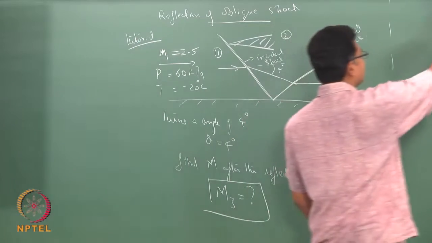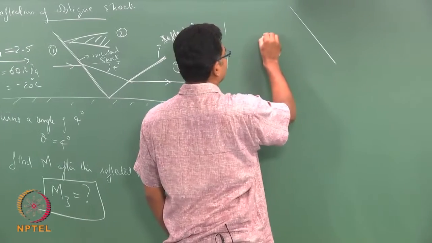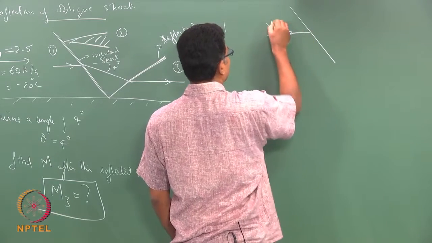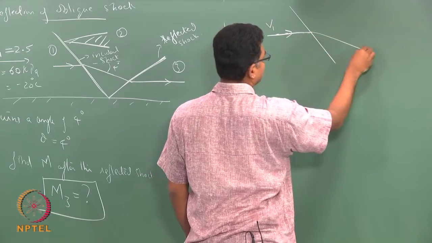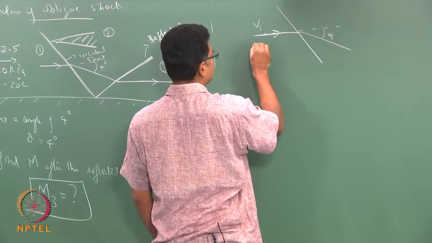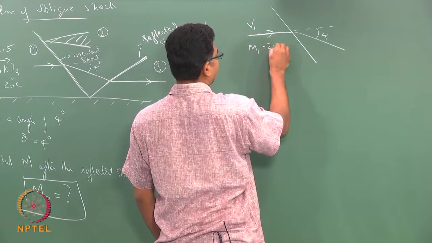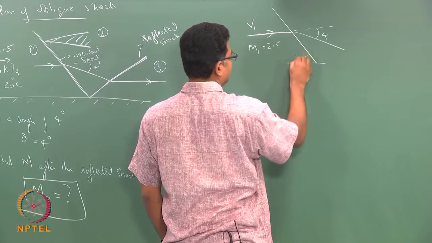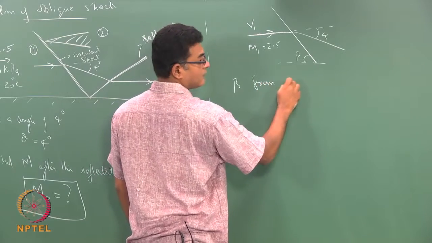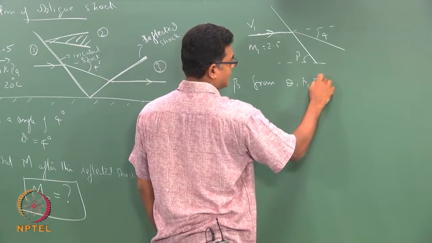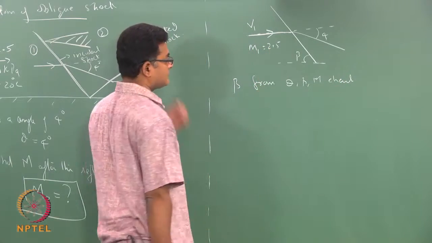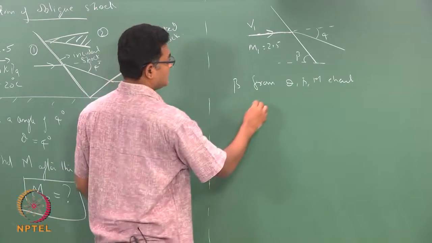So if I draw the first shock, the fluid comes and makes a turn. This is 4 degrees and M1 is 2.5. So I can find the beta from the theta-beta-M chart.